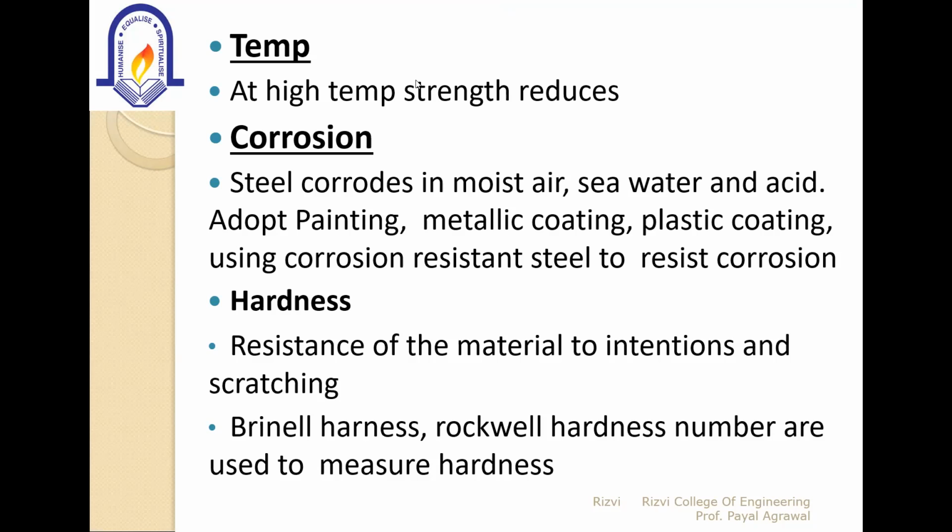So these are the three things because of which your steel structure can get corroded. So for that, what you have to do, you can adopt painting, metallic coating, plastic coating for corrosion resistance. To resist the structure from corrosion, you have to adopt all these things.